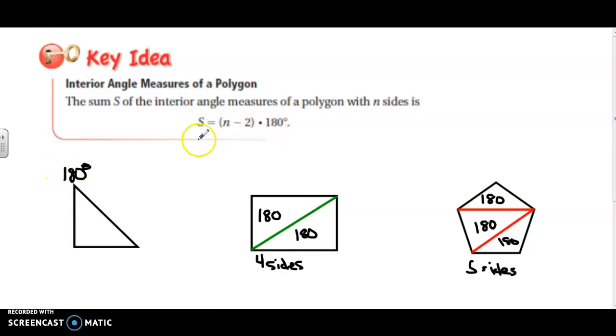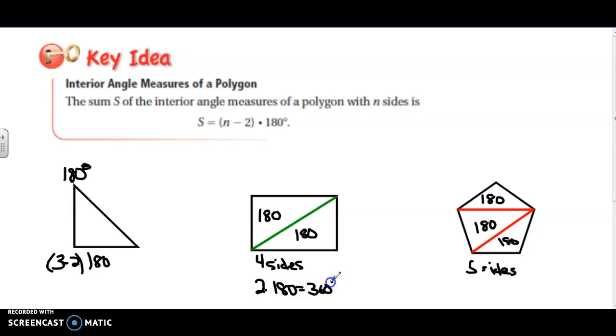So if it's a triangle, it would be 3 minus 2 times 180, which is 180. That one I don't think you're going to need the formula for. But 1 times 180 is 180. For 4 sides, you would do 4 minus 2 times 180. In other words, 2 times 180, which equals 360.